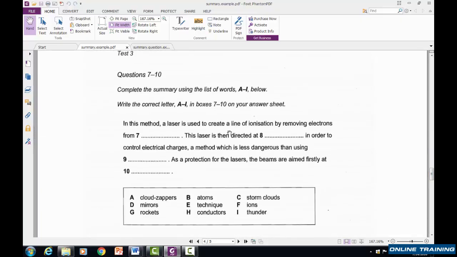Now, another thing to be aware of when it comes to a fill in the blank question is that sometimes they'll take information from two sentences and then, in a summary, combine it into one sentence. So be aware of that. Sometimes you have to read two sentences to get the information, because that's something they love to do.